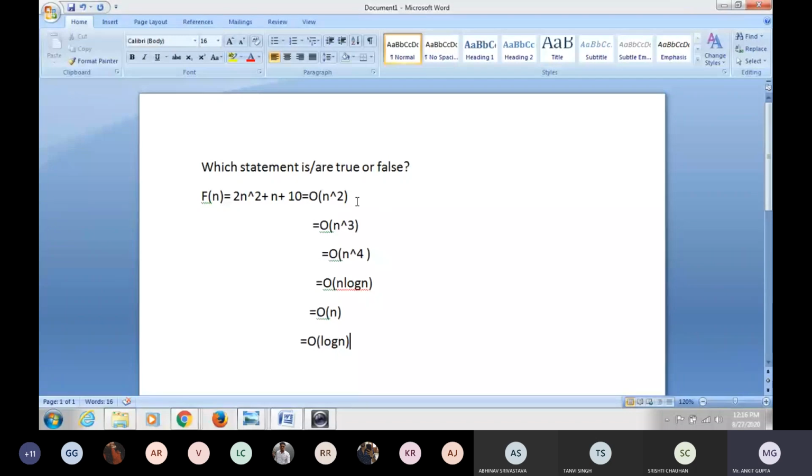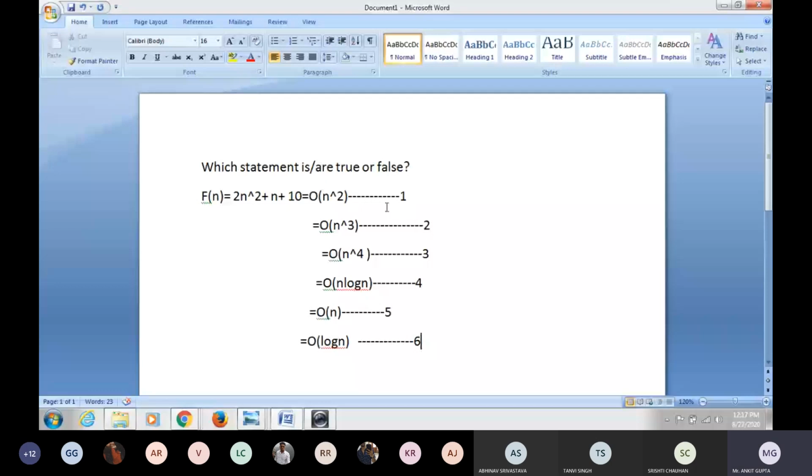So you have to tell statement 1, statement 2, 3, 4, 5 and statement 6: which are true and which are false in the big O notation.